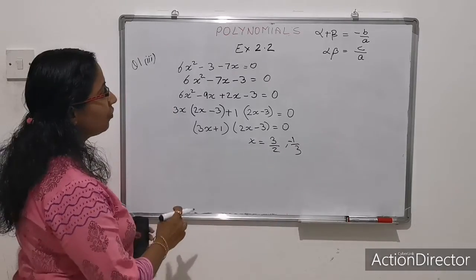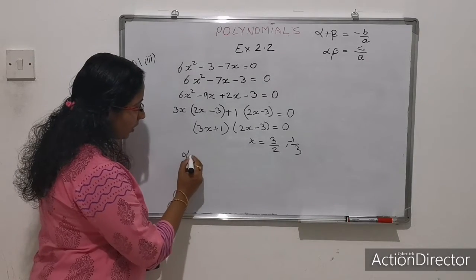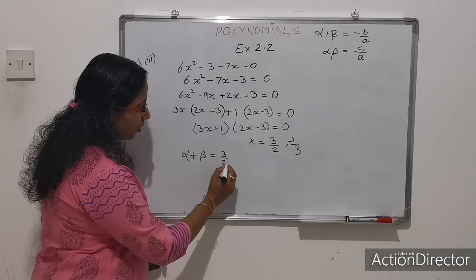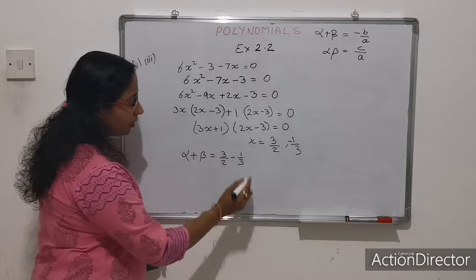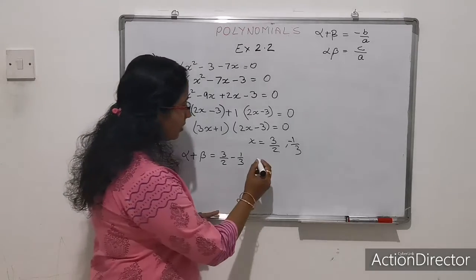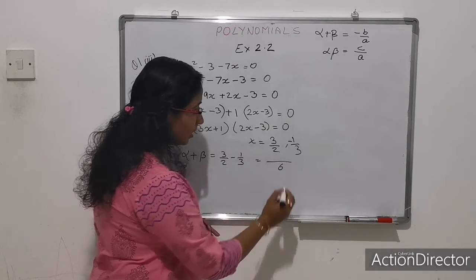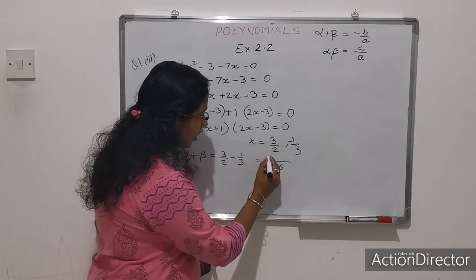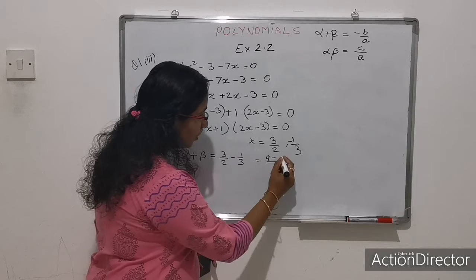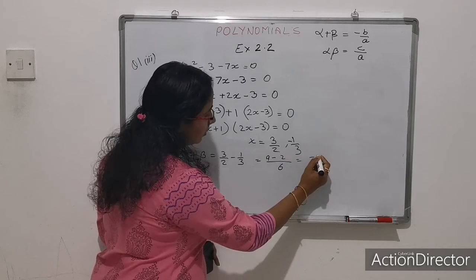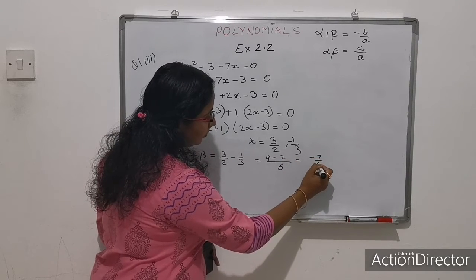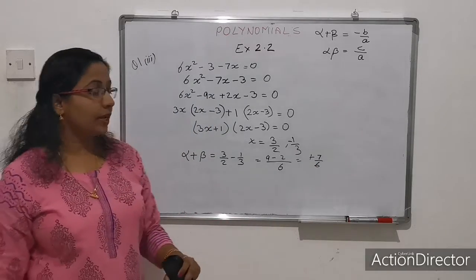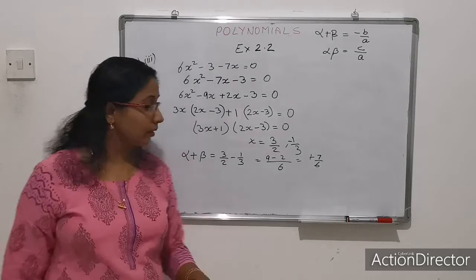Now we have to verify. How to verify? Alpha plus beta is equal to 3 by 2 minus 1 by 3. 6 is the LCM, so this becomes 3 threes are 9 minus 2, that is 7 by 6. Clear?